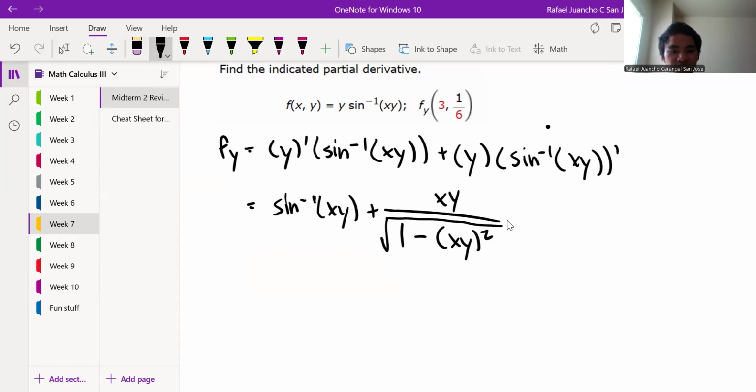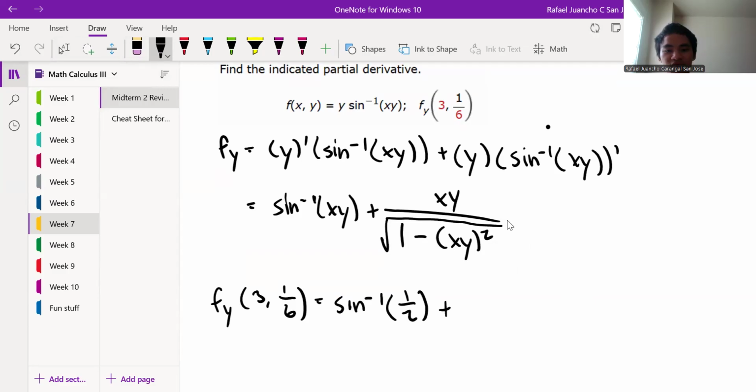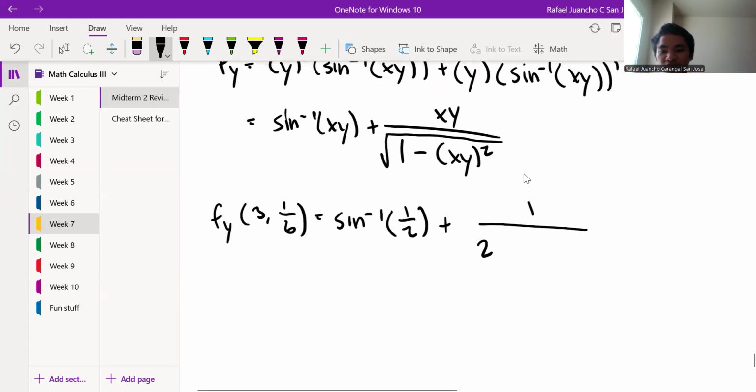So now the plugging in part is this. 3 times 1 over 6. 3 over 6, 1/2. Inverse of 1/2. And then this is xy. I'm multiplying it again. This is 1/2. So 1 over 2 of this thing, which is 1/2 of this thing, right?